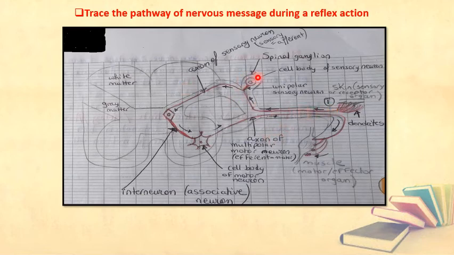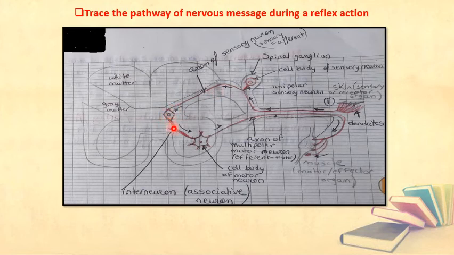So the first cell body, from experiment C and D, we notice that it's found in the spinal ganglion, and these are the dendrites. The dendrites are connected to the receptors, so the message gonna move from the receptors of the sensory organs to the dendrites, then to the cell body, then to the axon, then to the interneuron.